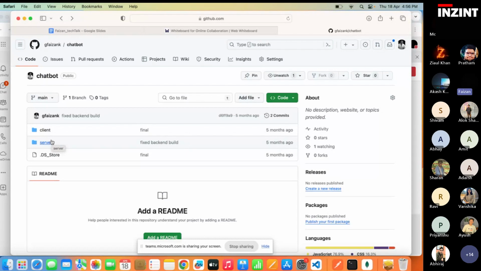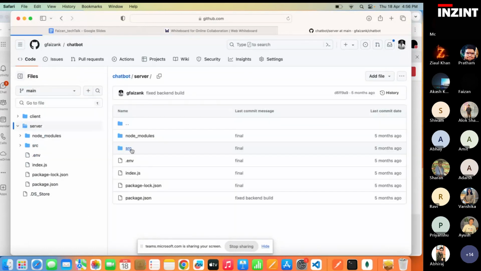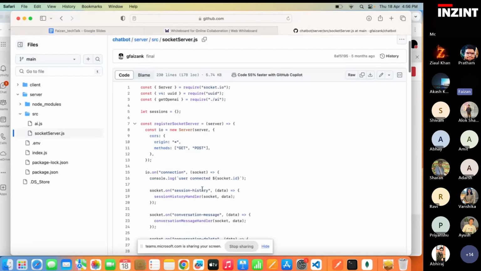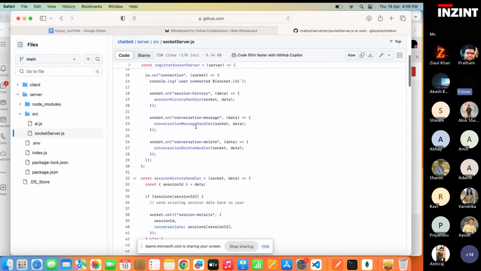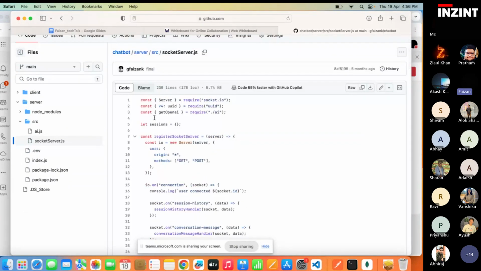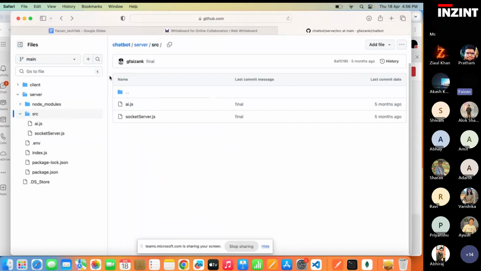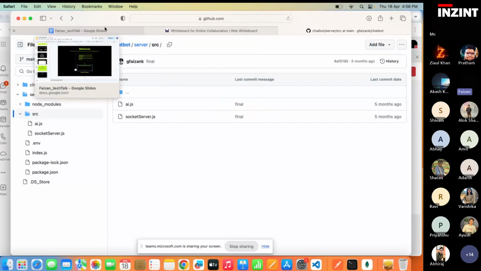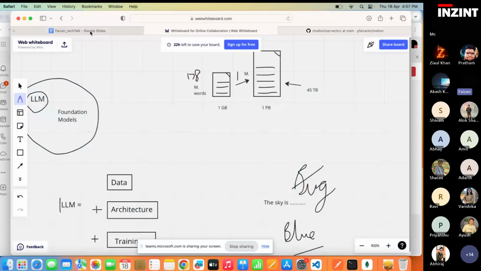Redux Toolkit has been used to manage the state globally, and the server is using WebSockets and a lot of event emitters for handling the passing of data. You might also get to know how WebSockets are different from HTTP servers: WebSockets are bidirectional, HTTP servers are unidirectional. I can also give you whiteboard access if you want.